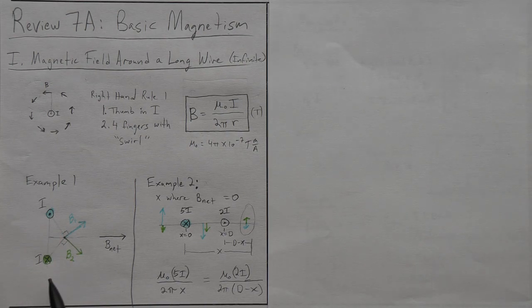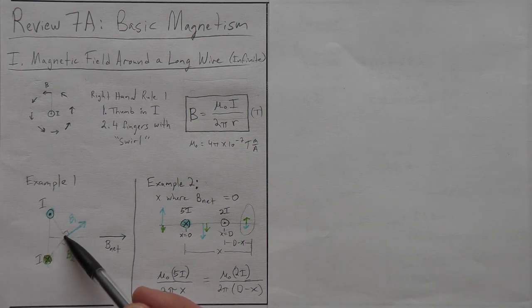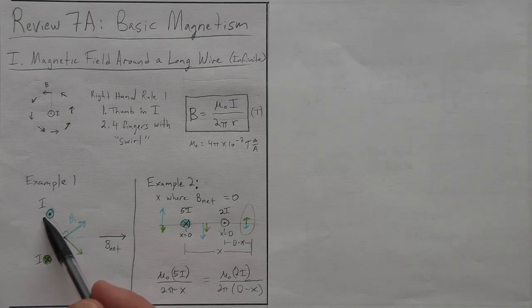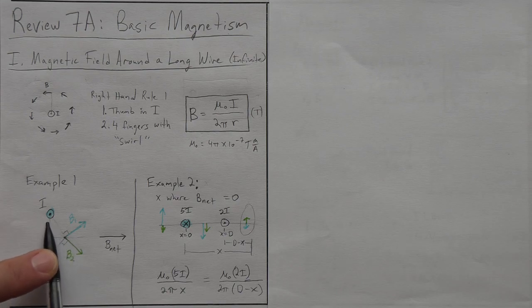Added to that, we have the magnetic field caused by this wire. So I lightly drew the radius here. Now my two choices are clockwise or counterclockwise. So those are the two choices. An arrow as I've drawn or an arrow this way. Which is it? Again, I use my right hand rule.